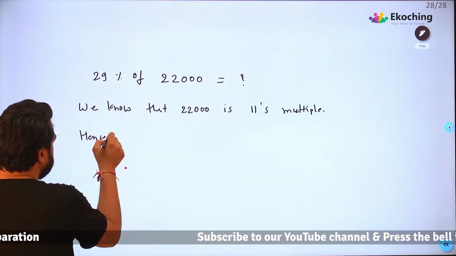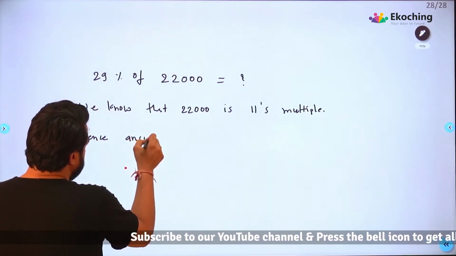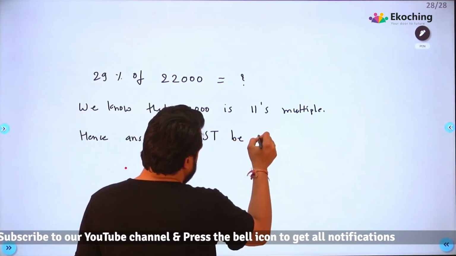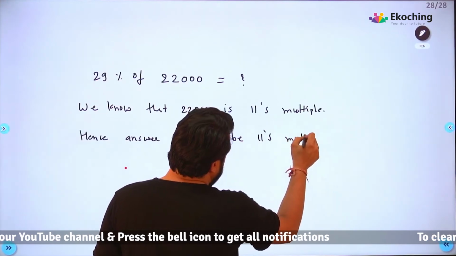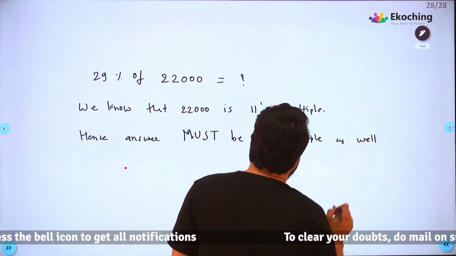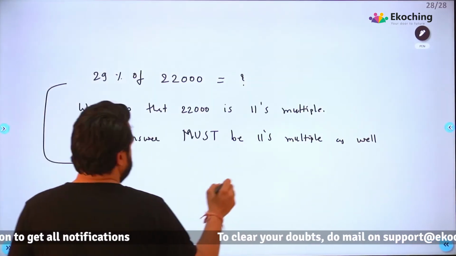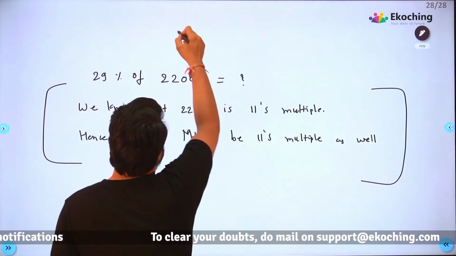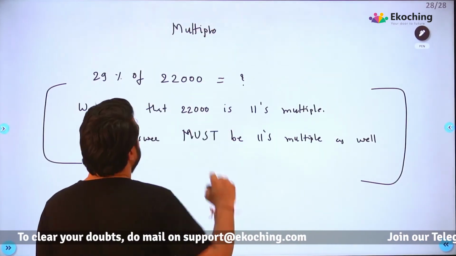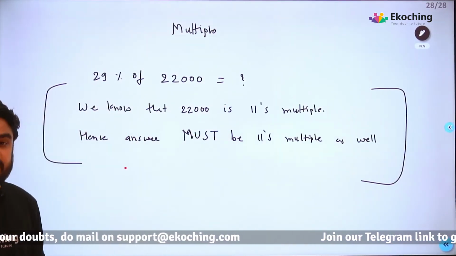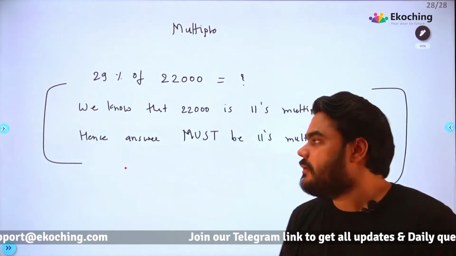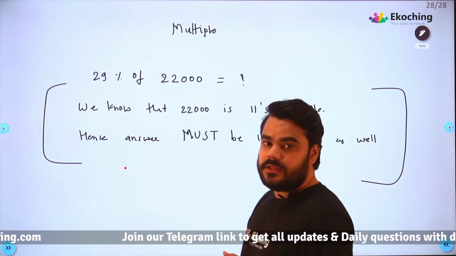Hence, answer must be 11's multiple as well. That's it. This is the method of multiple. Right? Whenever you have a chance to use this, you can. 11's multiple ढूंढो, answer निकालो. Right? So this is one more.